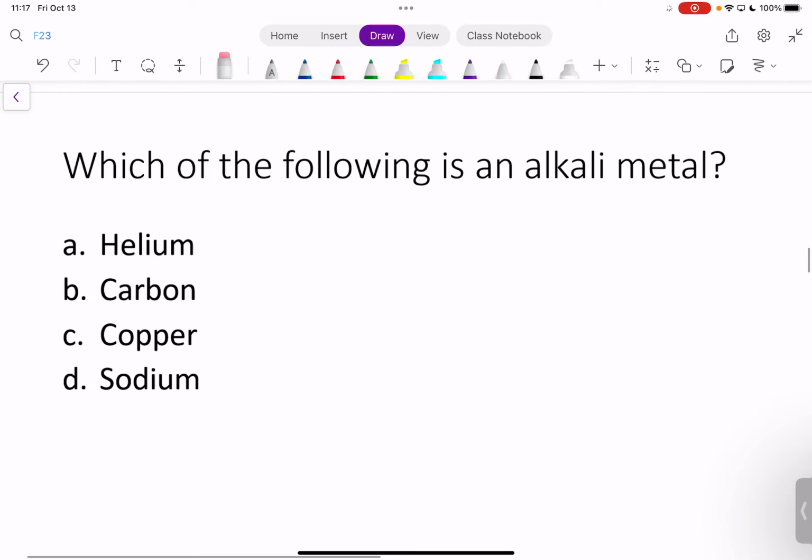All right, which of the following is an alkali metal? Some vocab for you here. Alkali metal. And how would you know?